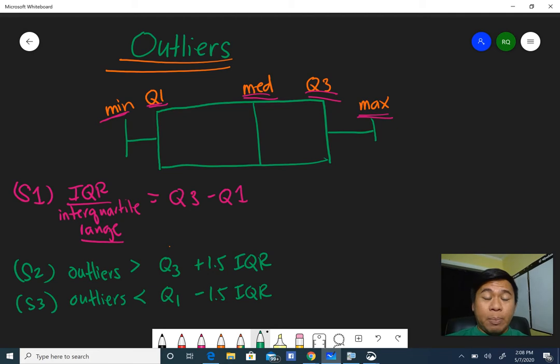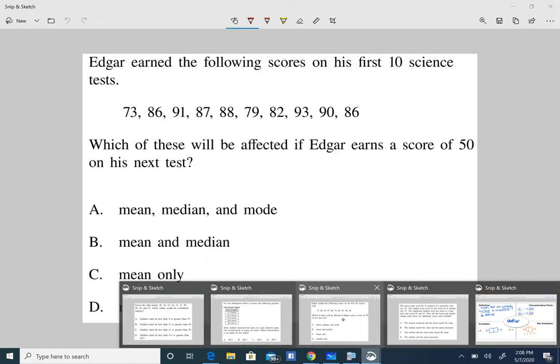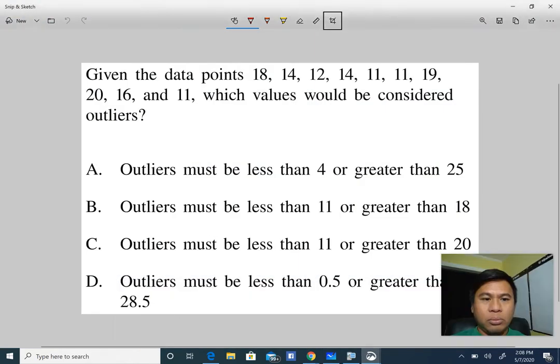So let's apply our knowledge of IQRs in terms of our examples. Let's have our first example here. Given the data points 18, 14, 12, 14, 11, 11, 19, 20, 16, and 11, which values would be considered as outliers?